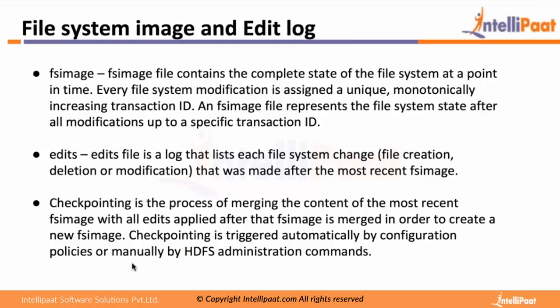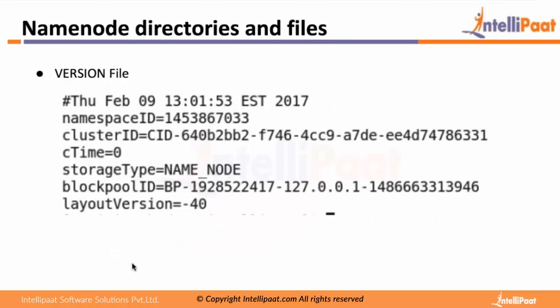Version is not a single piece of information, it's actually a map with key value pairs, and it has a lot of information. Block pool ID, cluster ID and namespace ID are the three IDs which identify which cluster and which pool you belong to, so you are uniquely identified inside the whole cluster.